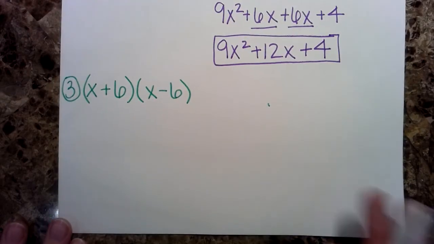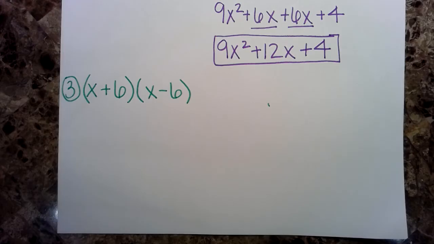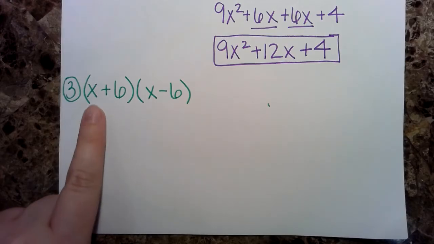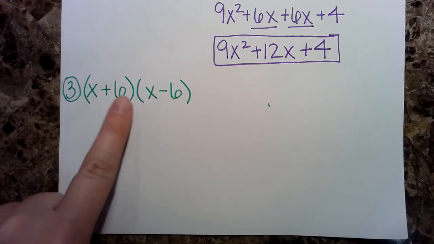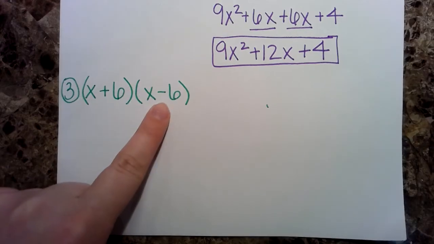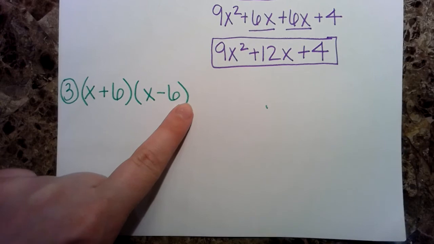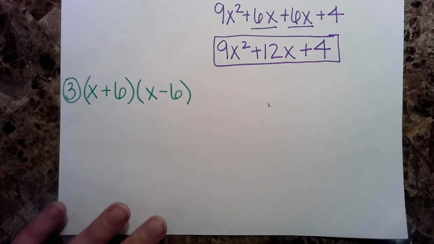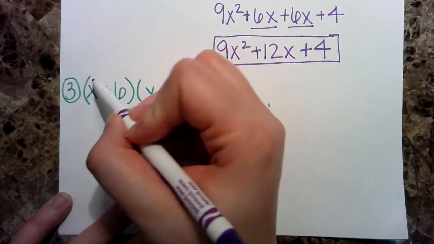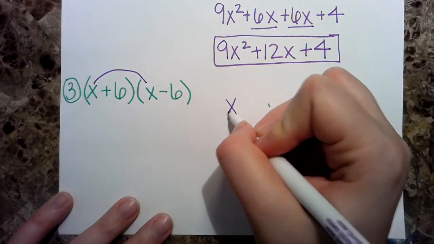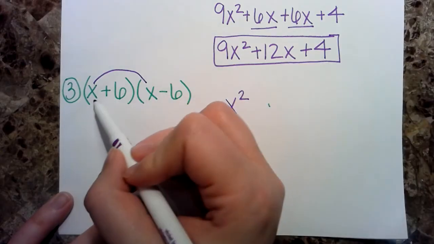Another example of a special case is actually a difference of two perfect squares. You're going to notice you have one binomial with addition and a binomial with subtraction, both with the same values. We're still going to use FOIL. First, x times x, which is x squared.